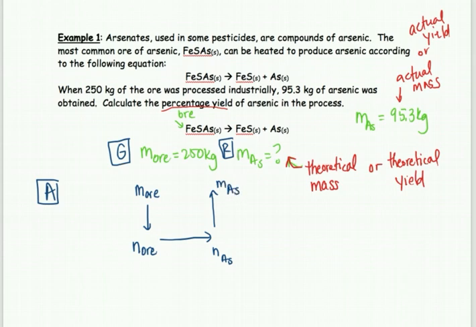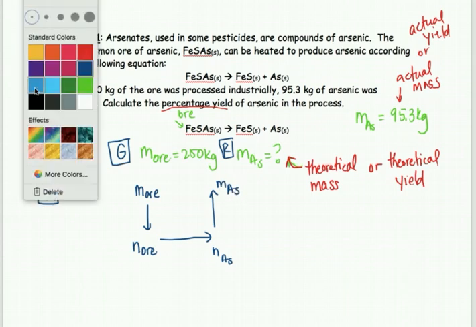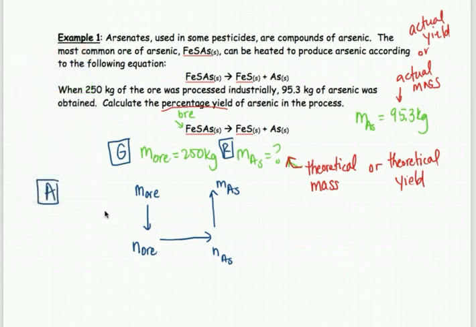So that's the plan, and to get this plan working, remember we need to use the molar mass of the ore to find the amount of the ore. Then we need to do the mole ratio here using the balanced chemical equation, and then we need to use the molar mass of arsenic in order to get from amount of arsenic to the mass of arsenic. All right, so there's our plan.